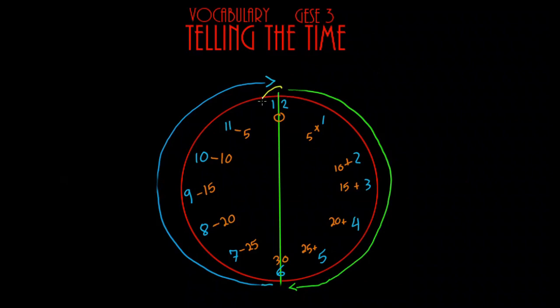So the next thing that we're going to look at is these numbers: 12, 3, 6, and 9. Okay? So when we're talking about the time, we're talking about formal time.